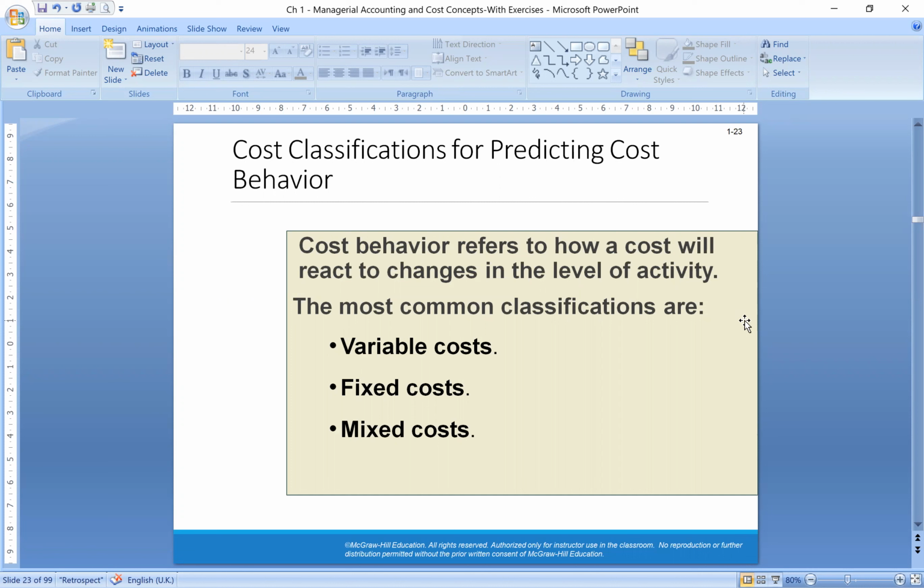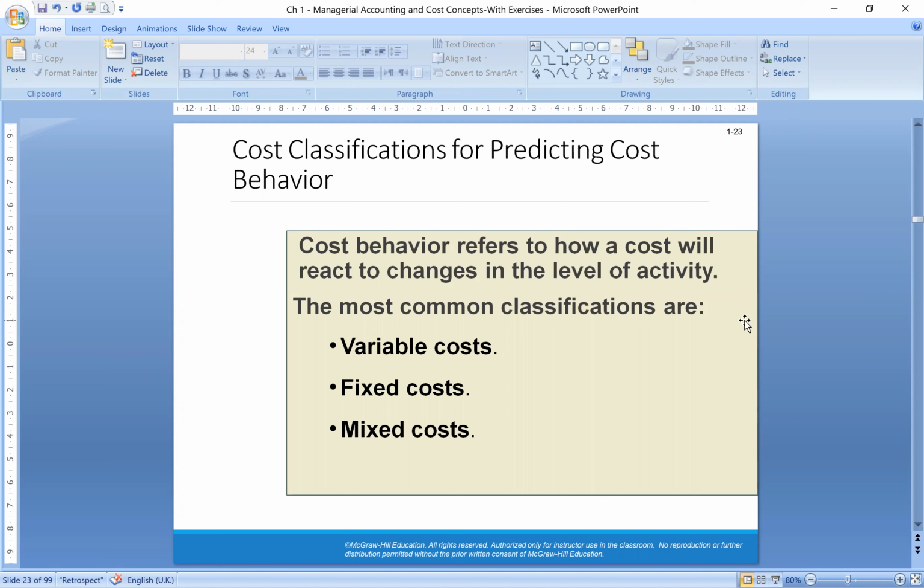Level of activity can be units produced, machine hours for the machine, kilometers for the car or automobile, or number of students, okay? So we do have to predict how the costs react with the changes in the level of activity, or the number of units sold, or the machine hours consumed, or something like this.